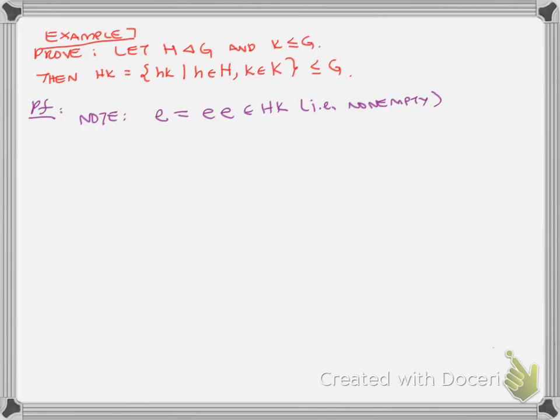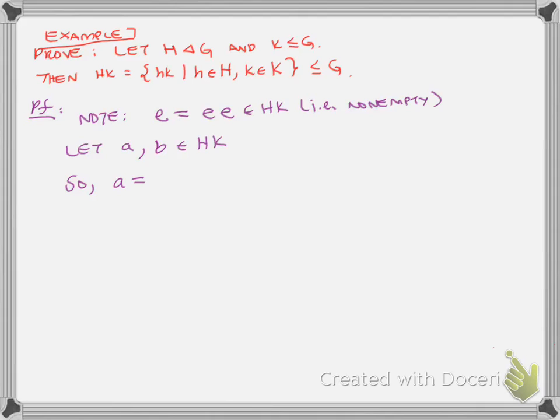Now let's set up some things. Let's say we have two elements in HK. And of course, like I said before, when you're doing proofs, if the elements take a certain format, it's always nice to rewrite them in that format.